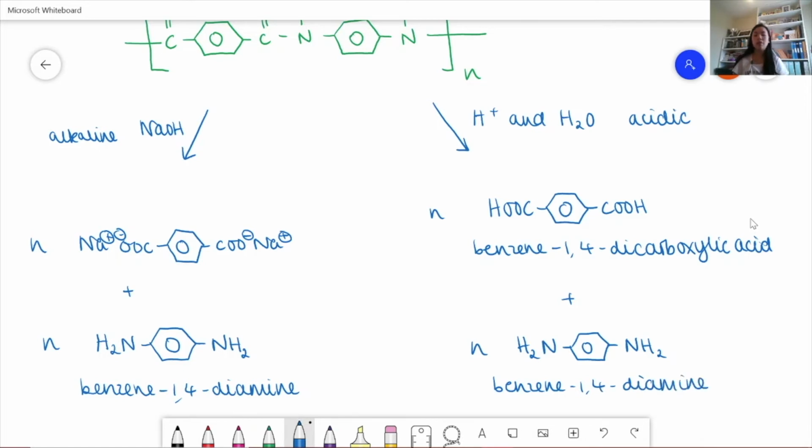So you've always got to remember that when we hydrolyze these polymers, so polyesters and polyamides, we always form the same either diamine or diol. It's just the dicarboxylic acids which are different, because with the alkaline conditions we form the salt rather than the dicarboxylic acid.